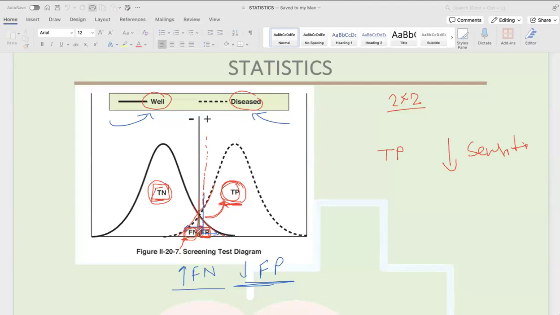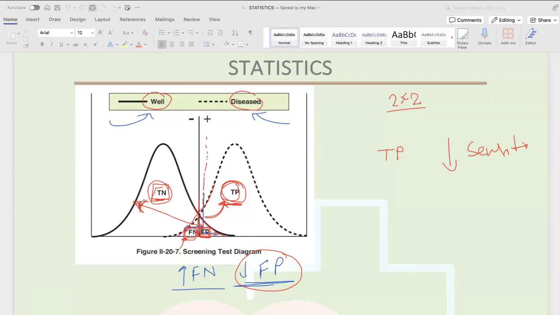In the same way, we reduced the false positivity. Specificity means the test is specifically able to say, yes, you are truly negative. By reducing the false positivity, we have increased the true negative part. When the test is able to say more often that you are truly negative, that test has high specificity.